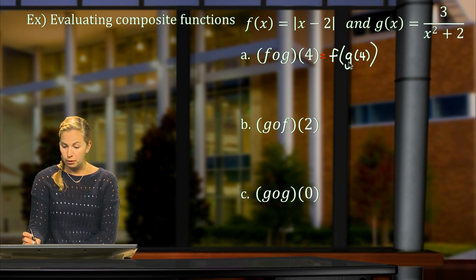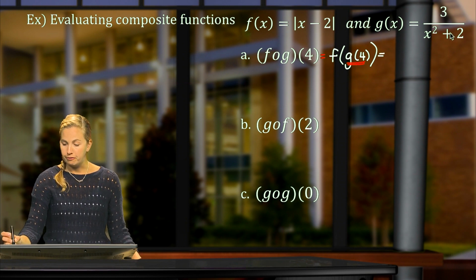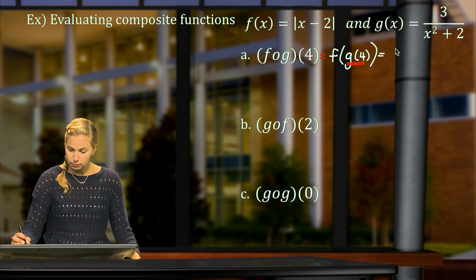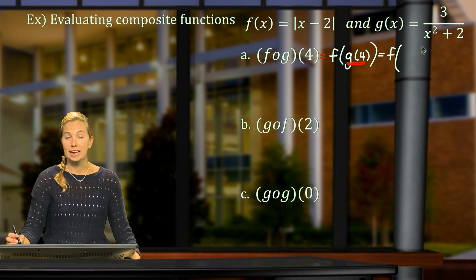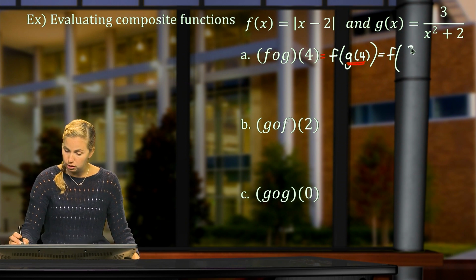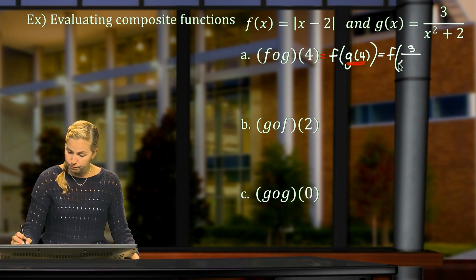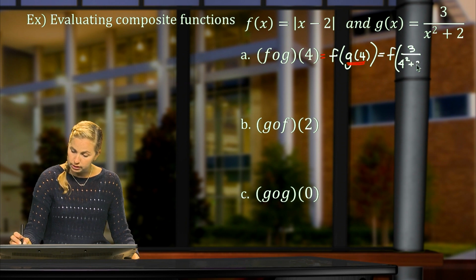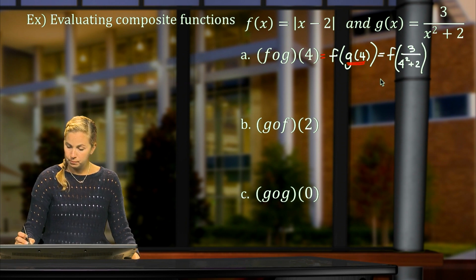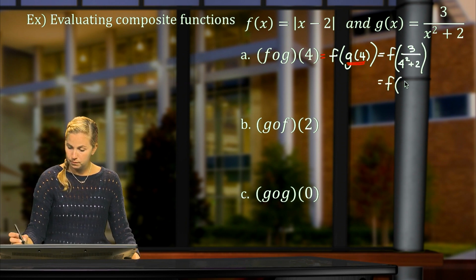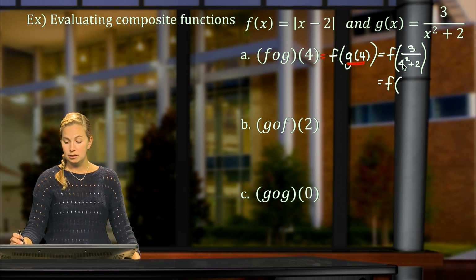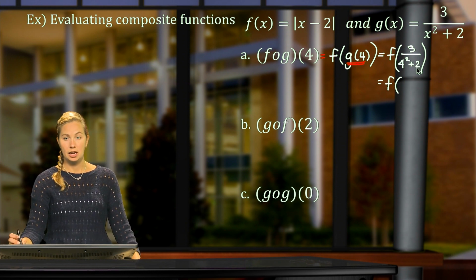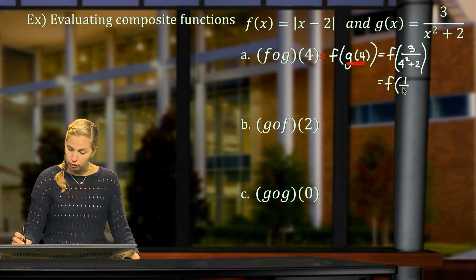This tells me to plug g of 4 into f. Well, I need to figure out what g of 4 is before I can do that. So looking at my function g of x, I'm going to plug in 4 for x. So this is 3 over 4 squared plus 2. 4 squared is 16. 16 plus 2 is 18. 3 over 18 is 1 over 6.